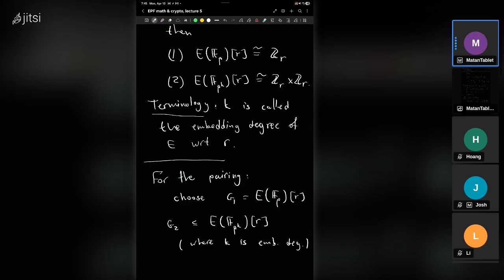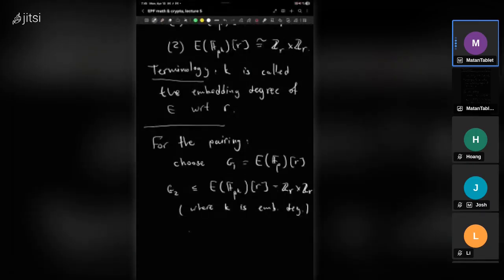Remember, this is integers modulo R times integers modulo R, so I need to choose a subgroup of order R inside it. The way I do it, I'm just going to say it: there is a trace map from E(F_p^K) to E(F_p^K), and I take the kernel of the trace.